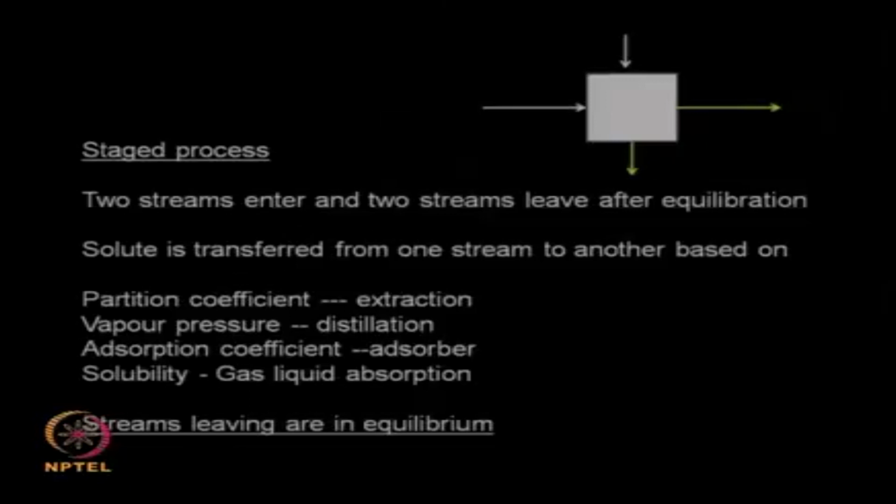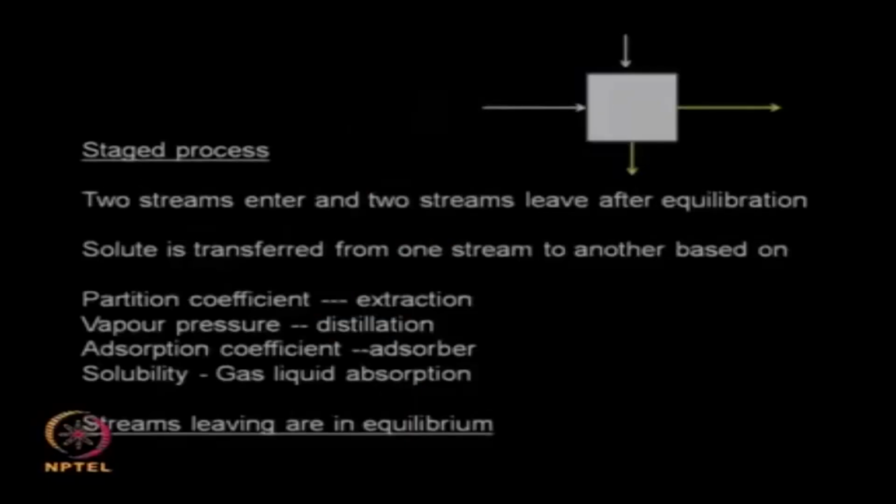So for example, like I explained for the linear adsorption isotherm, if stage 1 follows linear adsorption, we can always assume that stage 2, stage 3, stage 4, everywhere you may have the same isotherm with the same constant values. If you assume extraction taking place in stage 1 and the partition coefficient value is given in stage 1, we can assume the same partition coefficient value in each of the other stages also.